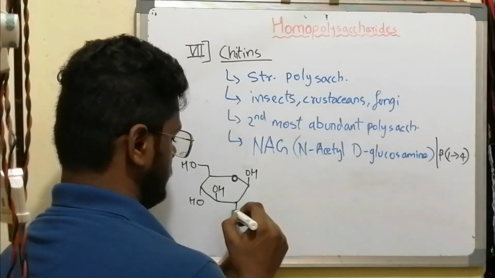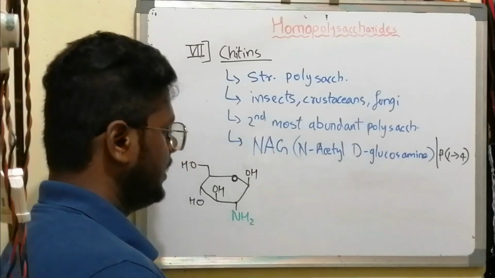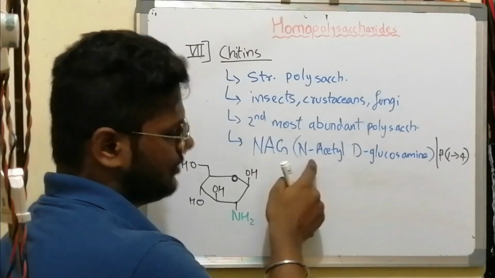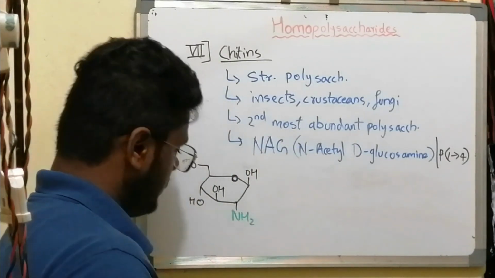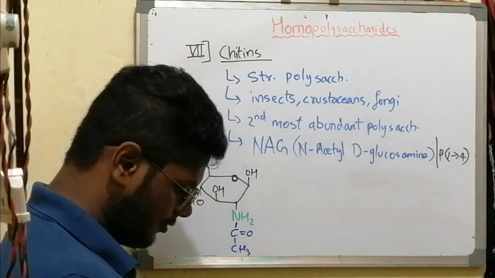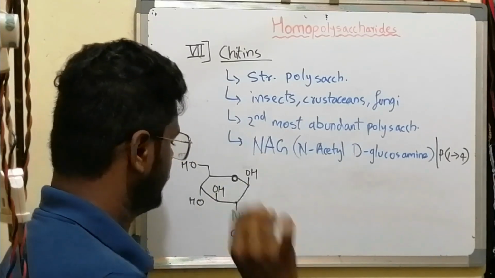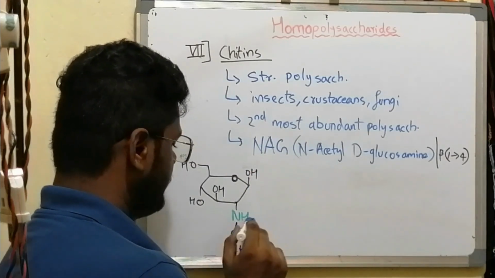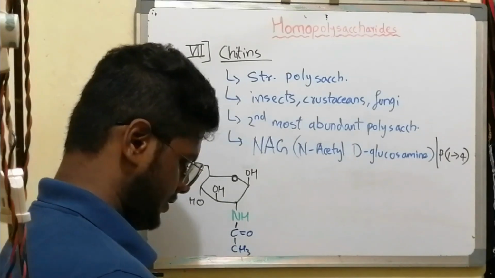Let's draw an H here, NH2, because it is glucosamine, and the side chain contains an acetyl group attached to the nitrogen, so that's why N-acetyl. Here the nitrogen valency should be 3, so 1, 2, 3. This is the acetyl chain, this is glucosamine, and attached to the nitrogen should be the acetyl, so N-acetyl D-glucosamine.